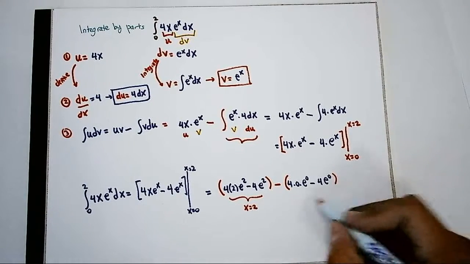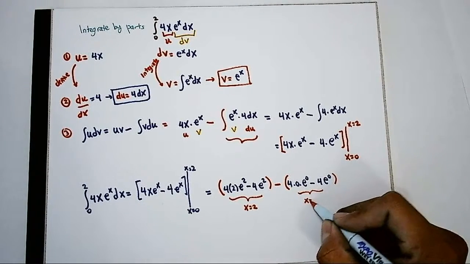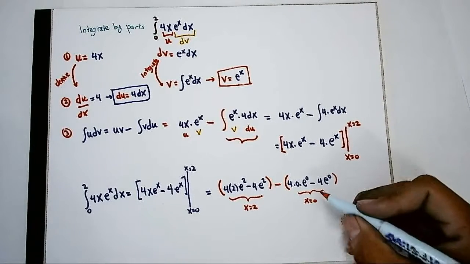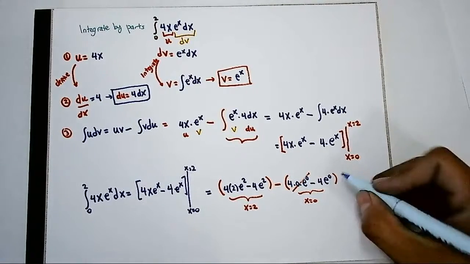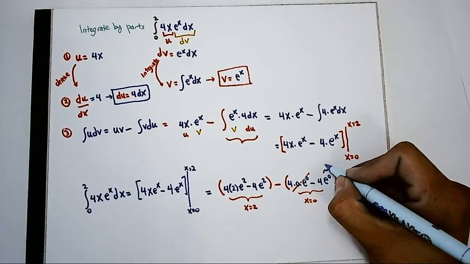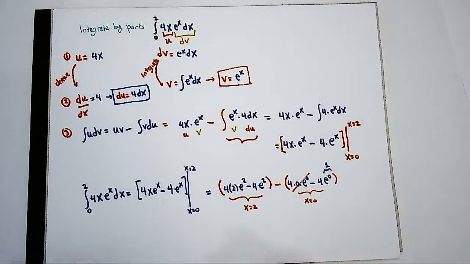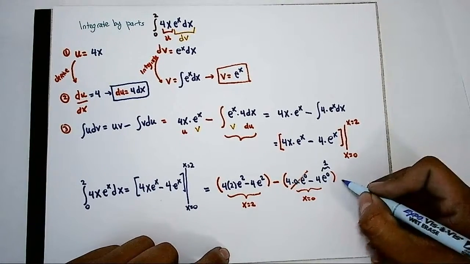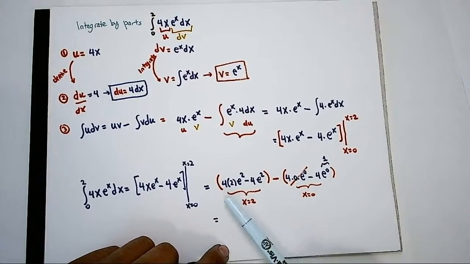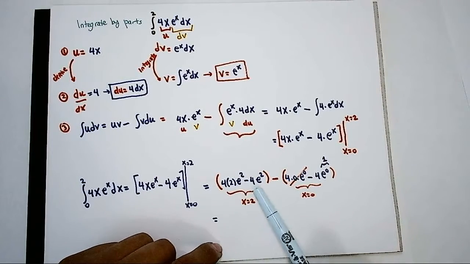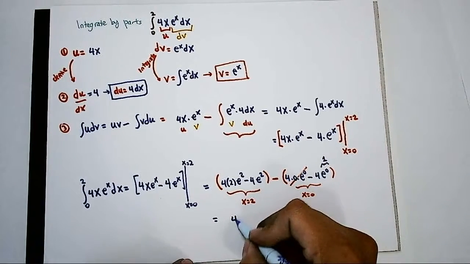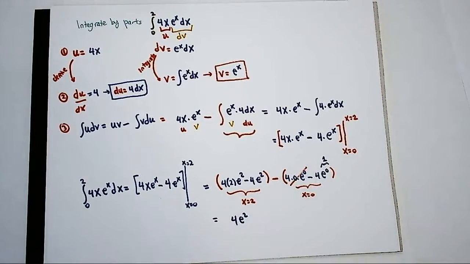Here we have to be very careful, because in the first term this becomes 0. But in the second term, remember that e to the 0 is 1. So here we have 4 times 2 is 8, 8e squared. 8e squared minus 4e squared is 4e squared.